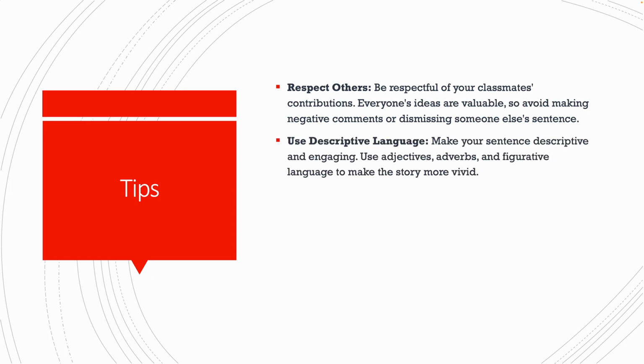And please use descriptive language. Make sure your sentences are descriptive and engaging. Try to use adjectives, adverbs, and figurative language to make the story more vivid, and also to keep the coherence of the sentences.